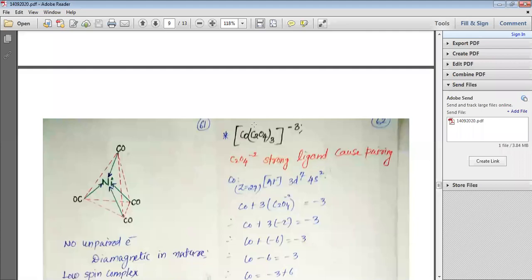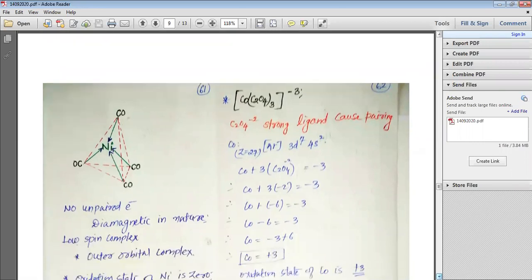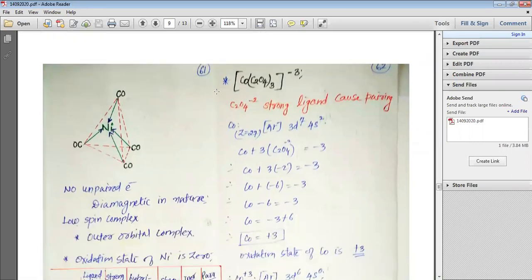Now we are going to study [Co(C2O4)3]3-, which is also known as the trioxalato cobalt(III) ion. Here C2O4 2- is a strong ligand, and the oxidation state of cobalt is plus 3.